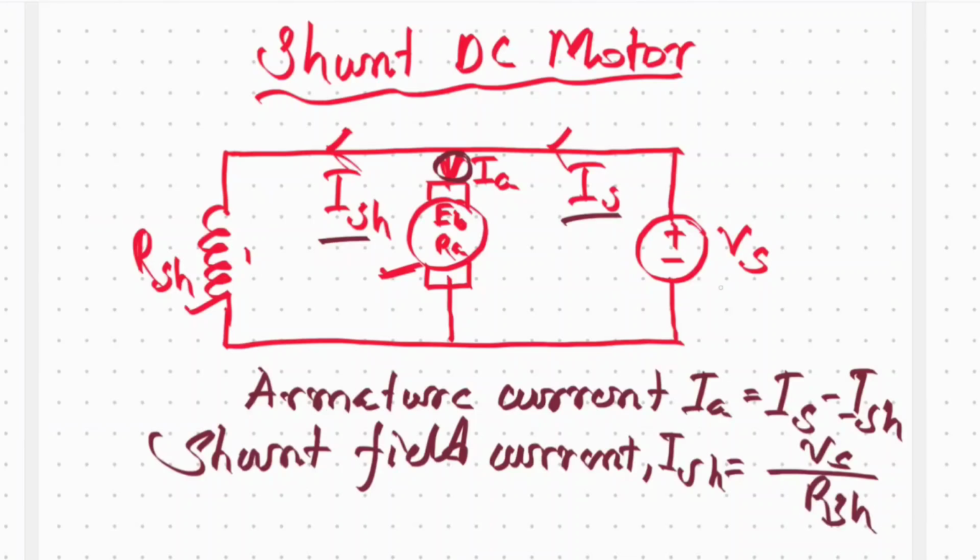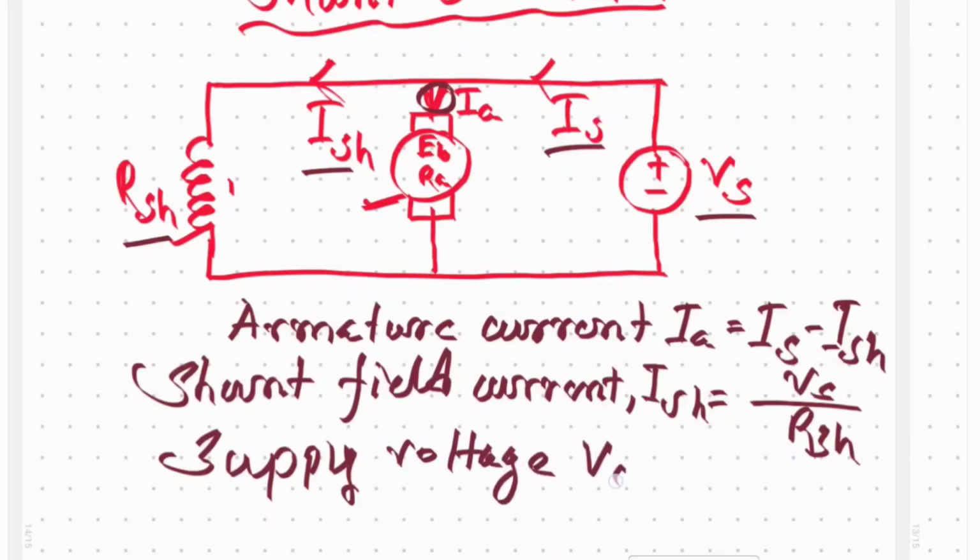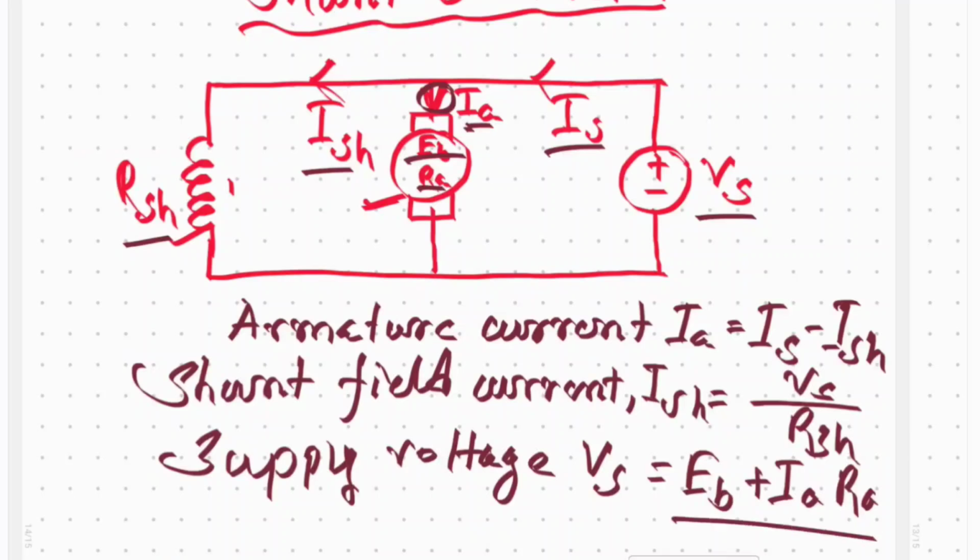Now the supply voltage VS is equal to EB plus IA RA, that is, the back EMF plus the armature current times the armature resistance.